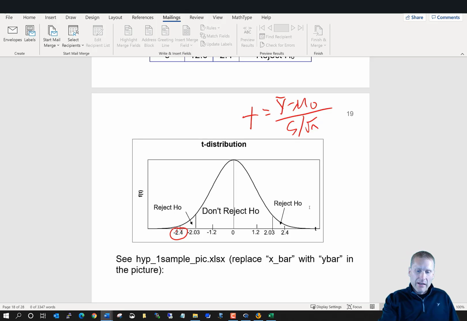We can see being this far out in the tail of the distribution is very unlikely to occur if the null hypothesis is true. So because of that, I say we should reject H0 here. There is sufficient evidence from the sample that indeed we have a problem with the manufacturing of our volleyballs. The mean is not 11.6.